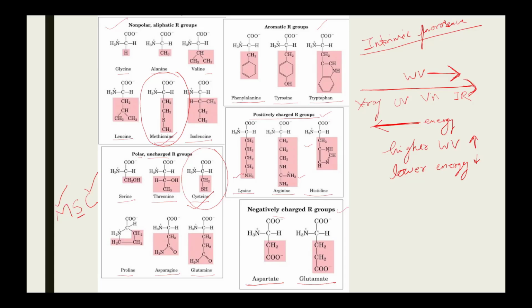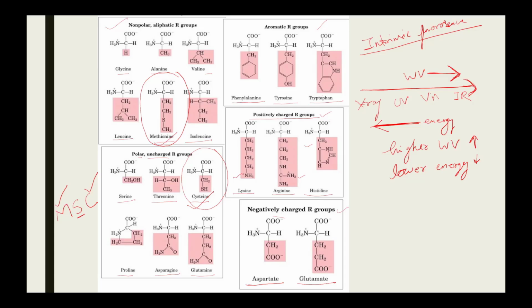So how does fluorescence happen? An electron gets excited from the ground state to the excited state, and when it returns to the ground state it emits some energy, and that energy gives the fluorescence, or the light which can be visualized or seen.